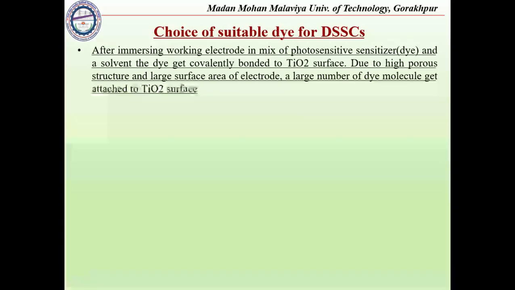Due to the highly porous structure and large surface area of the electrode, a large number of dye molecules attach to the titanium dioxide surface, a large number of photons will be absorbed, and that leads to a larger efficiency of the dye-sensitized solar cell.